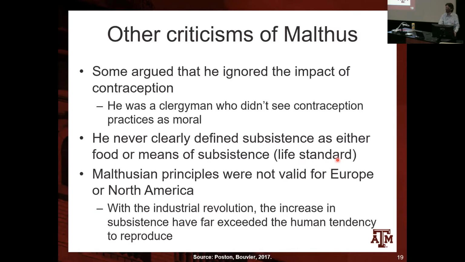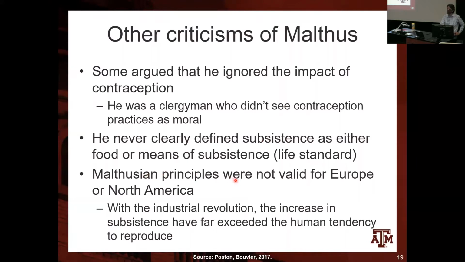For example, getting access to good education that will lead to a good job in the future, overall life standards, even public infrastructure, such as a water system organized by the city or a sewer system. What exactly subsistence was, was not clearly defined in his work. So because he ignored these facts, and because he was a religious person, he did not think that contraception should be seen as a way to control population.